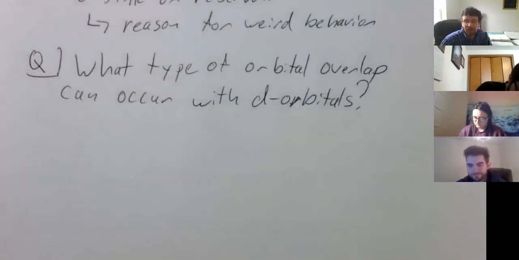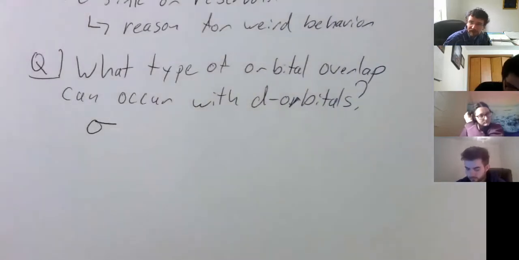Yep, so can you give me examples? Sigma. Okay, so if we have a sigma type interaction, that's overlap in how many regions?